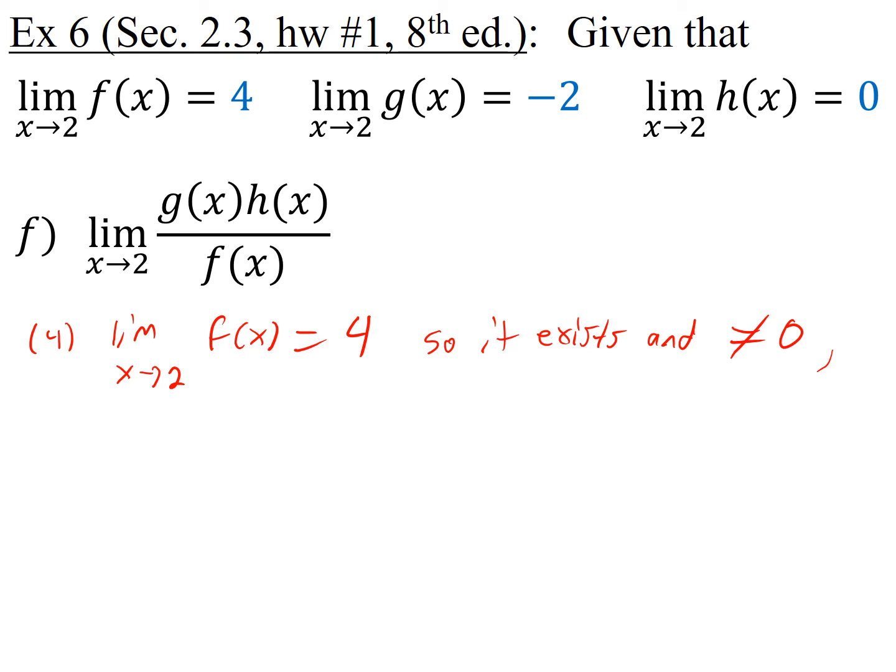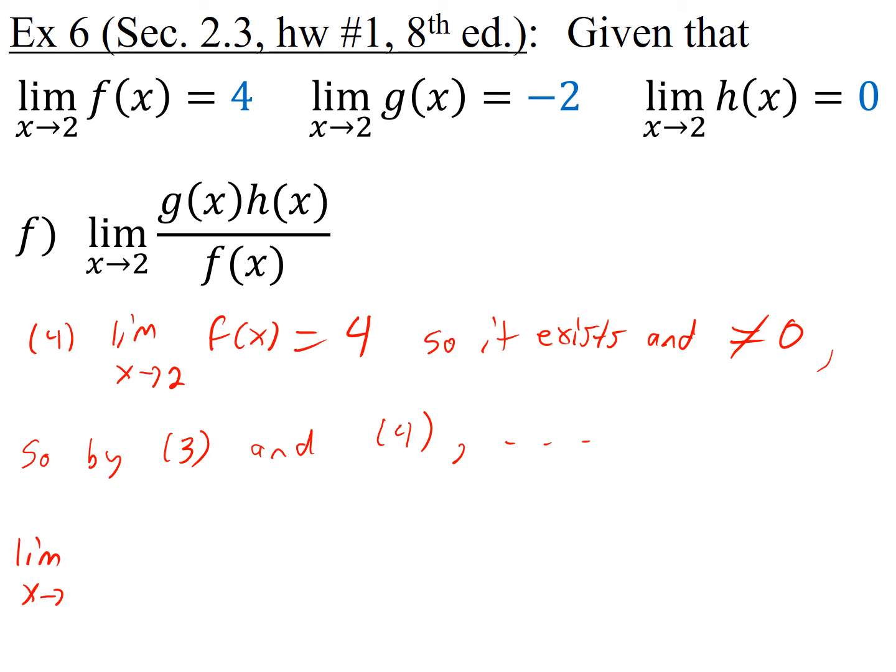Okay, so we have the limit of the top existing, and the limit of the bottom existing, and the limit of the bottom is not 0, so I can use the limit law. So this is, so by 3. 3 was that the limit of the top exists, and it happened to be 0. And 4, that the limit of the bottom exists and is not 0. Here's the question now.